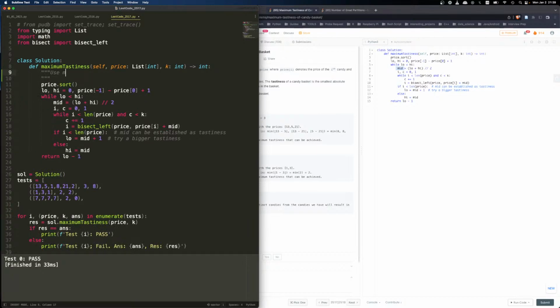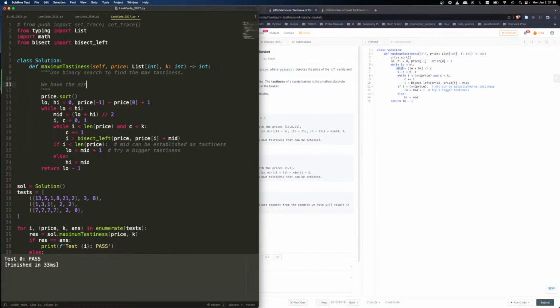Use binary search to find the max tastiness. We have the min and max tastiness. Sort price first.